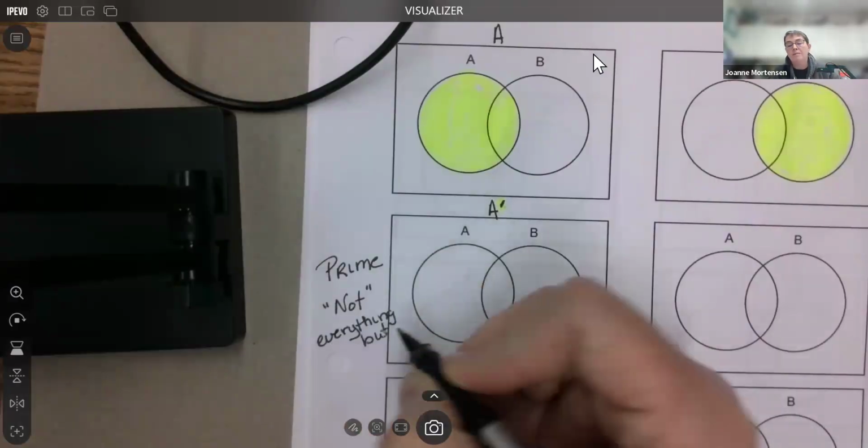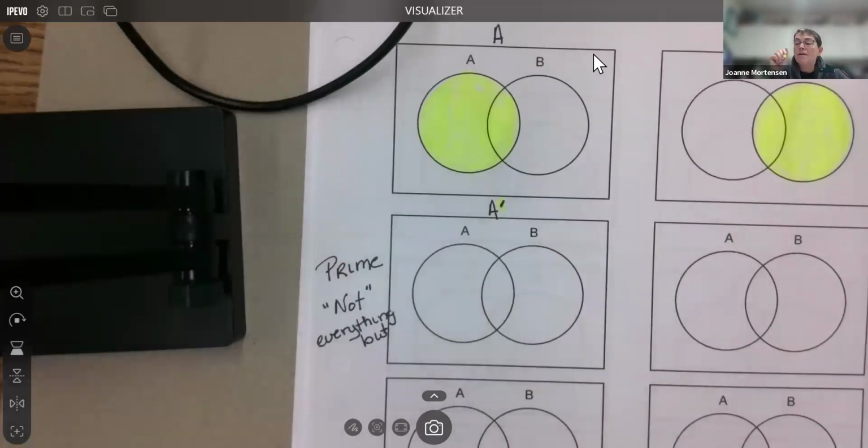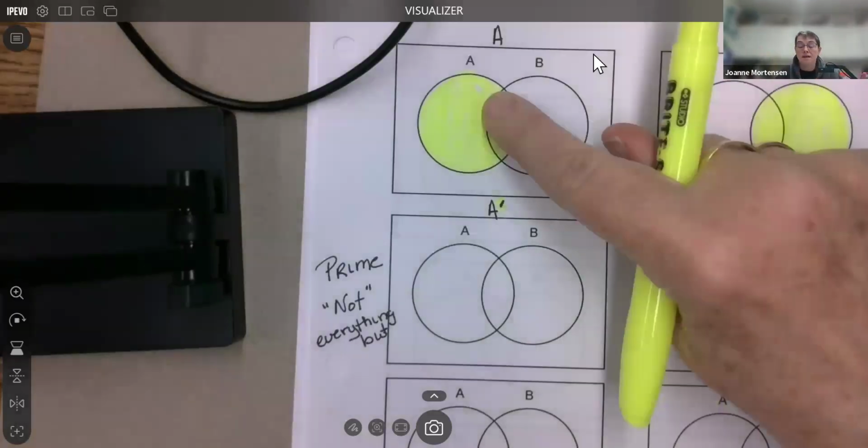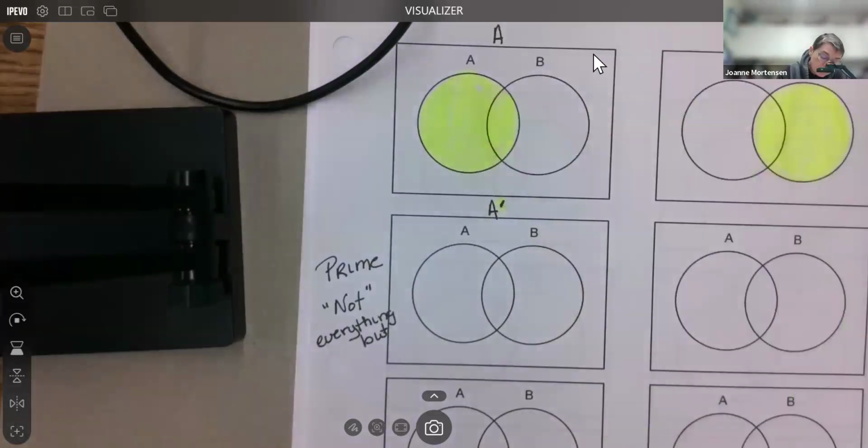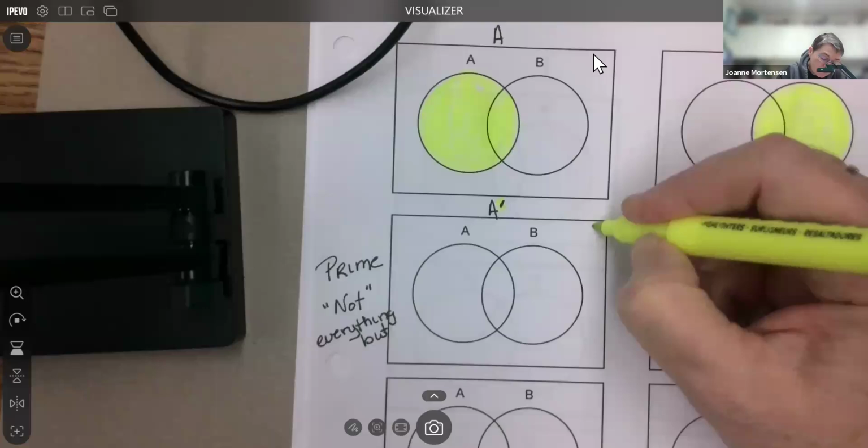If I do A prime, I'm going to color everything except the A circle, which really isn't hard because I have A up here. So I'm going to color everything else. I'm going to do the background.